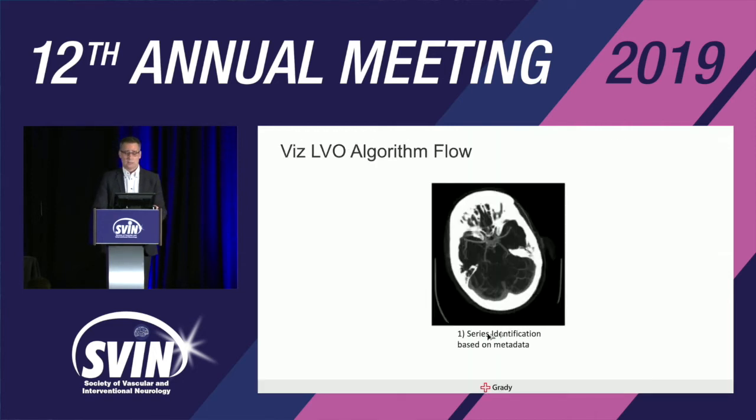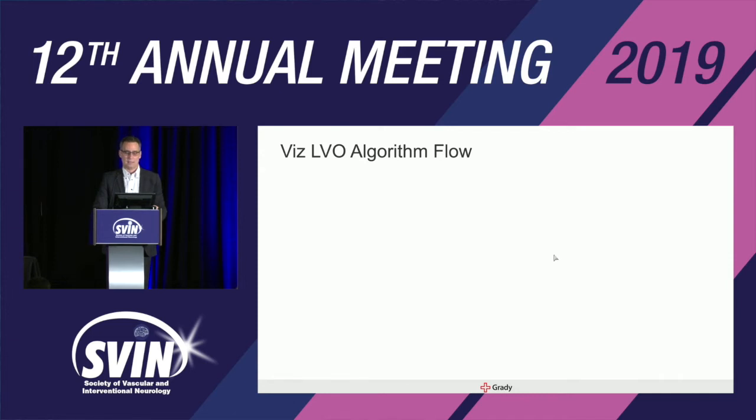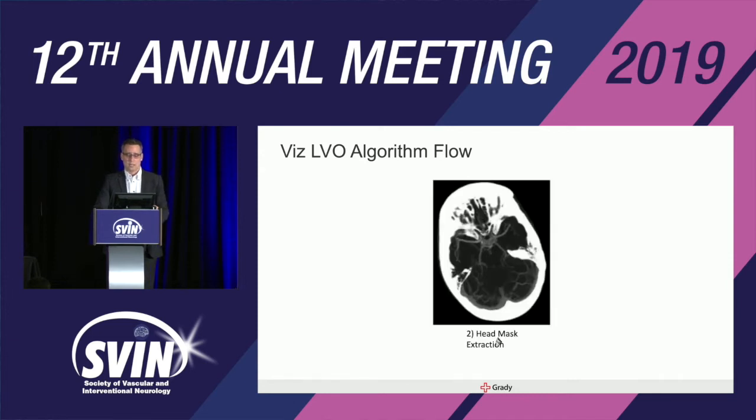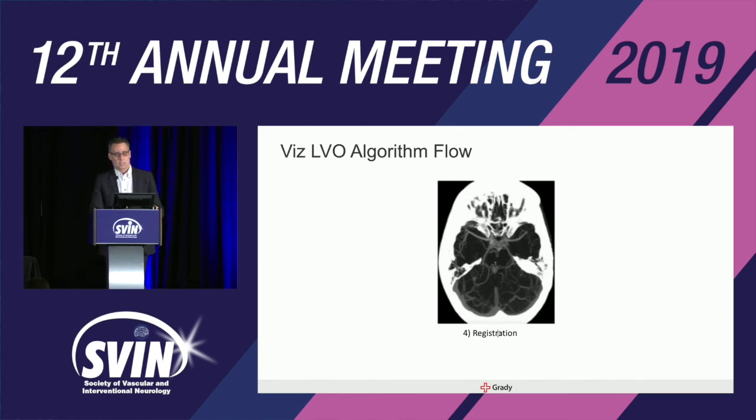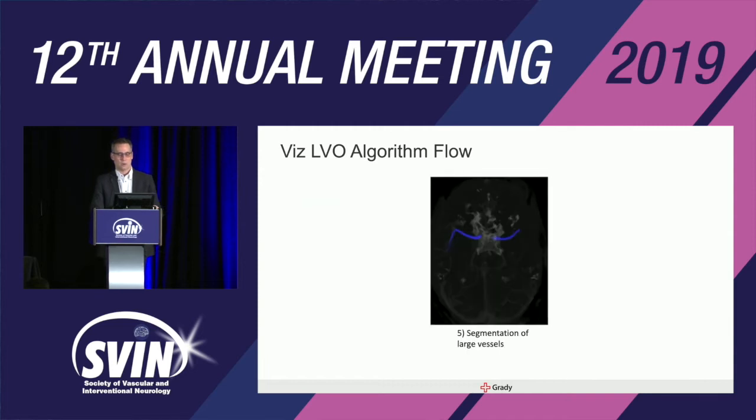So this is kind of the workflow. It finds the patient based on the metadata. It will then get the head mask extraction. It will do the image analysis to detect the exclusion criteria based on the iodine contrast and metal. Then it does a registration to fully align the scan and create the 3D circle of Willis.